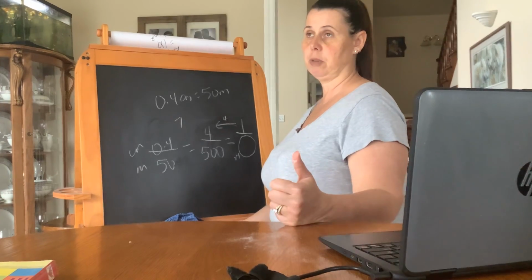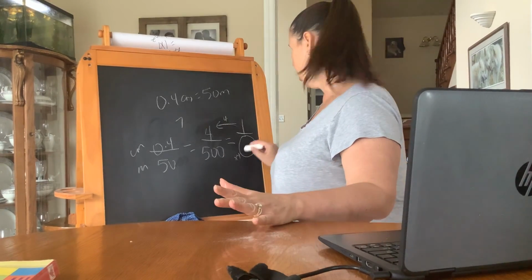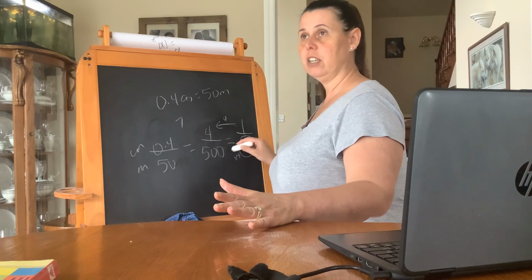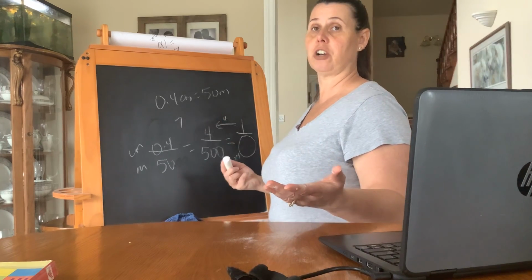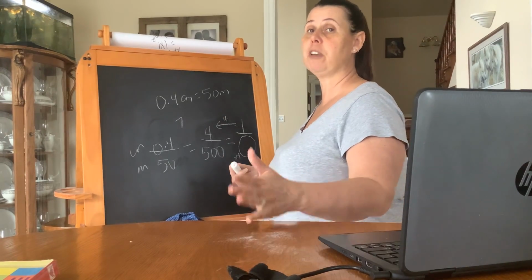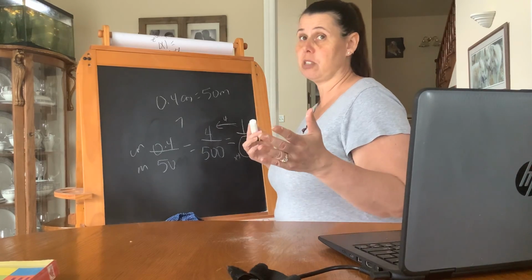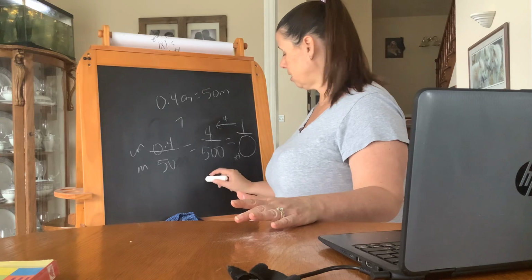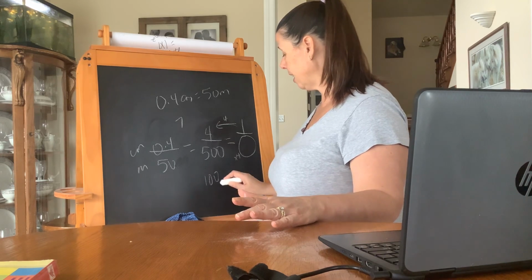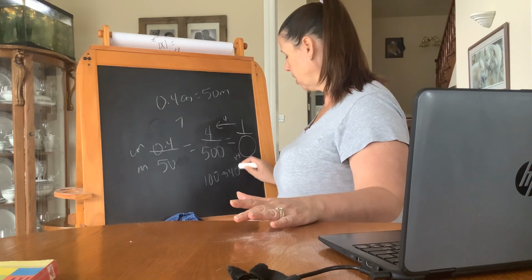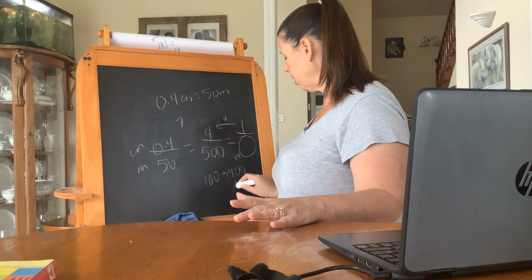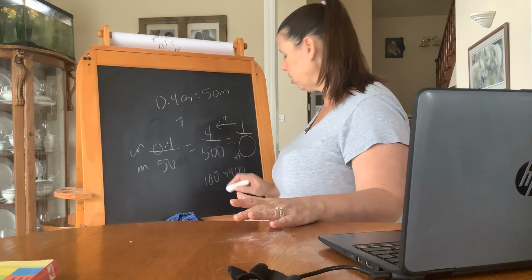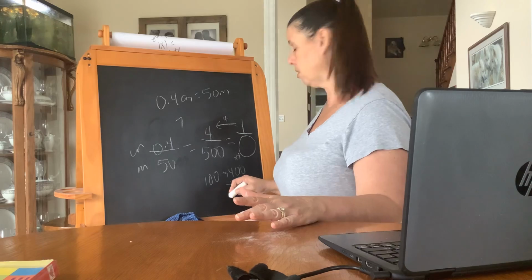Well, let's think about this. We've got it times 4, right? If I chose 100 just to start at, 100 times 4 would be 400. That's pretty close. I can figure out the last 100, right? Now we have to figure out what the extra 100 is, 4 times what makes 100.